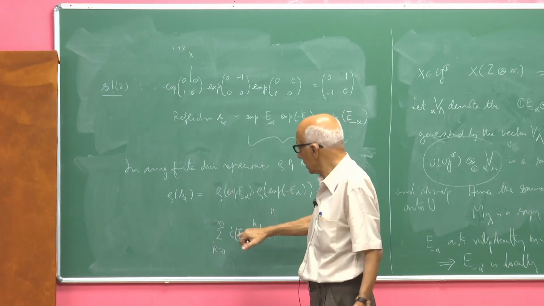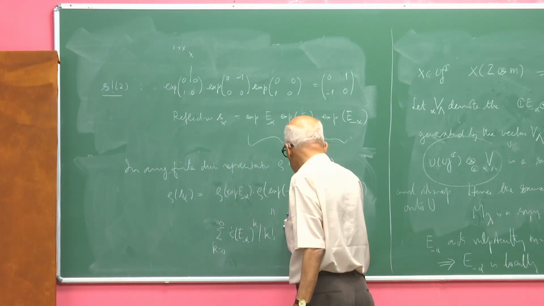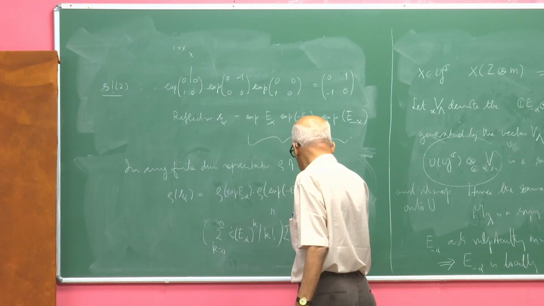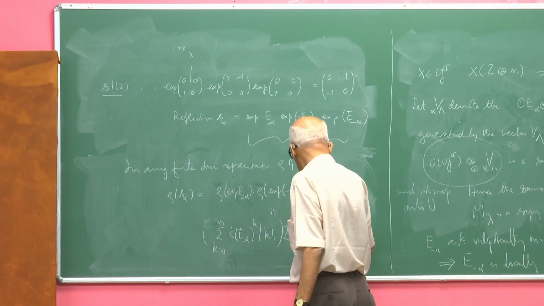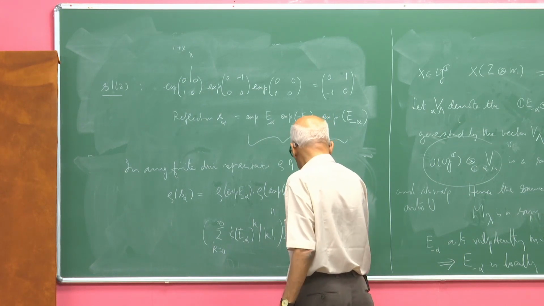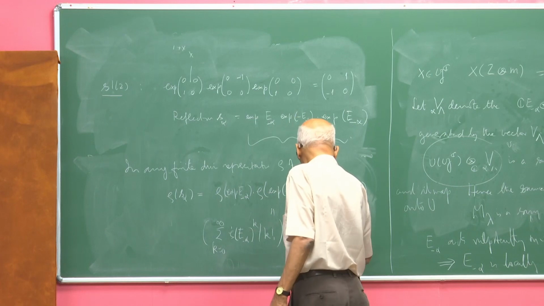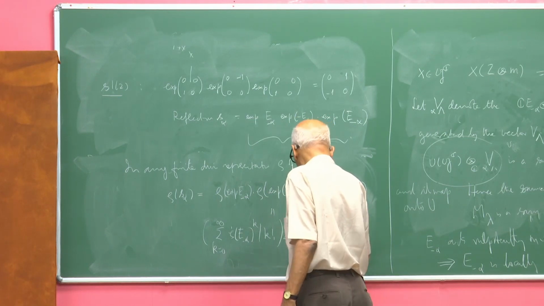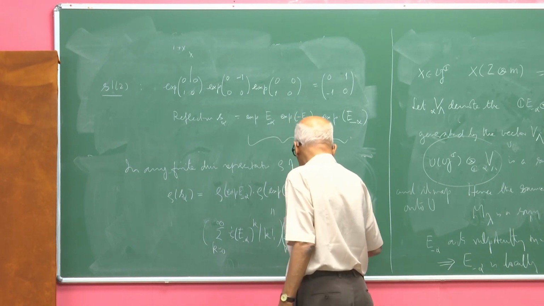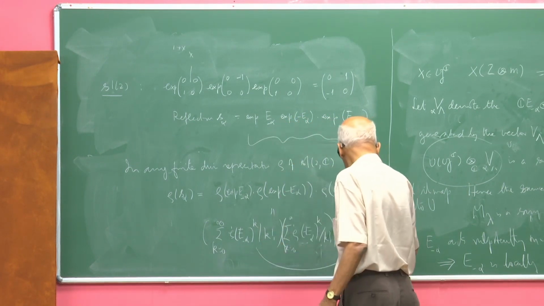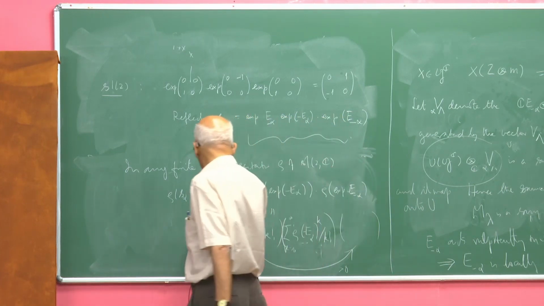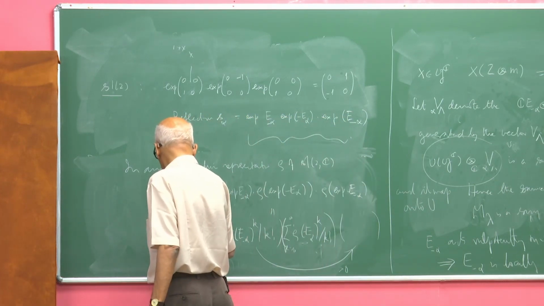Whatever representation I have, I can write it like this, and then again the same term here. That is what rho S alpha equals.